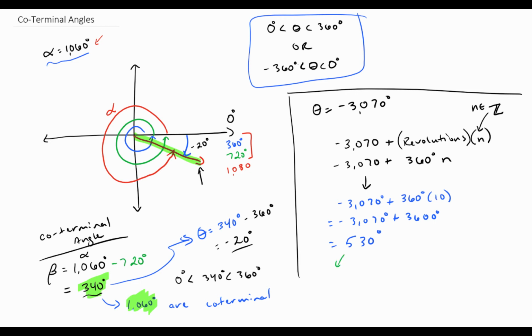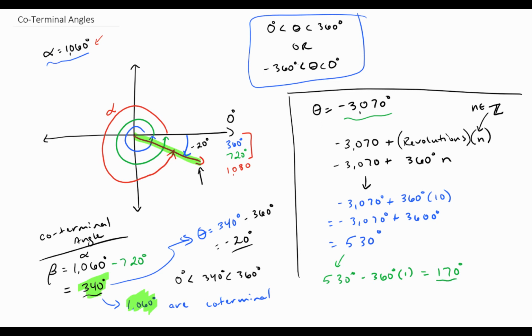So I'm going to do one more step, and I'm going to take that angle, 530 degrees, which I already know is coterminal with my original angle, theta, and I'm going to subtract 1 full revolution, or if you want to think about it in another way, I'm going to go 1 revolution in the negative direction. And that's going to get me to 170 degrees.